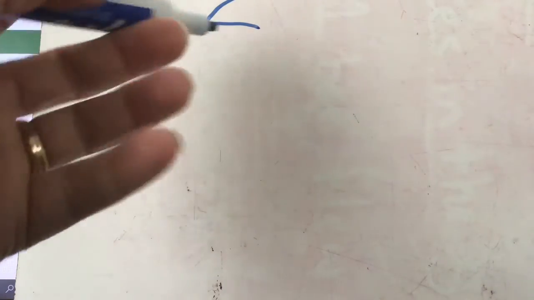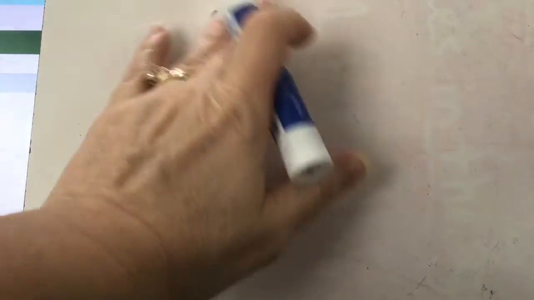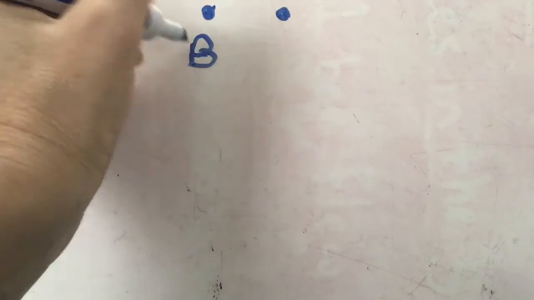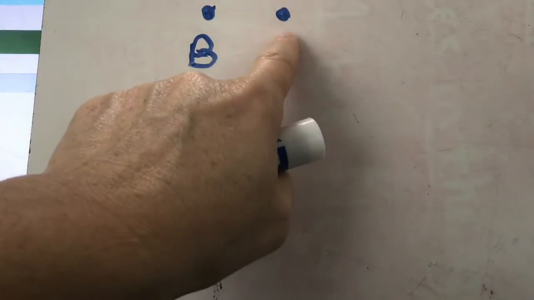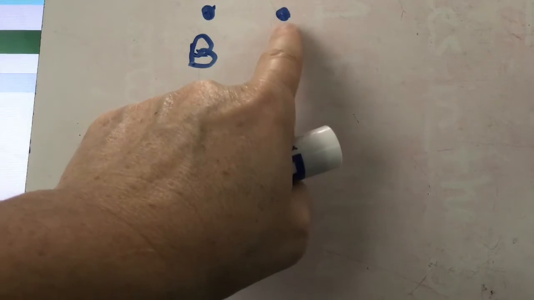It says, first of all, how many pairs of shoes were in the store in all? So we need to start off with our total. Well, there were two pairs of shoes in all. Actually, let's do this a different way. There's our two pairs of shoes, and one of those is black. So let's say that this one is black. Then that means that the other shoes are not black. They're some other color. So this pair of shoes right here is not black.